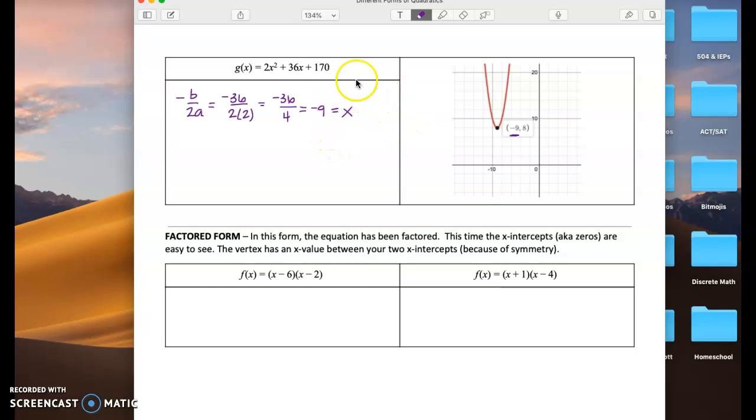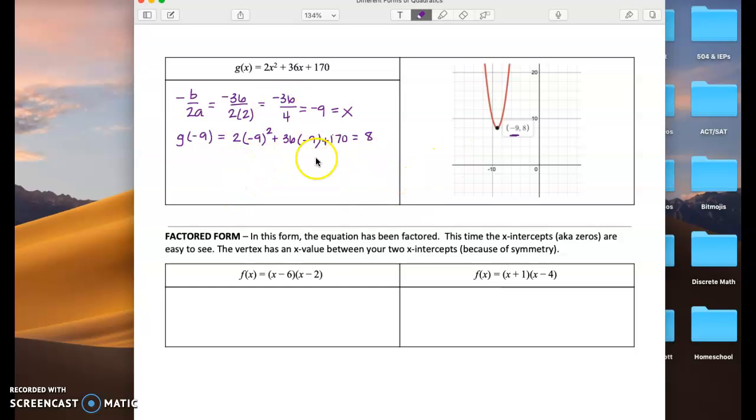To get the 8, you just plug in the -9. And I'm not going to do the algebra, but if you did simplify that, you would get 8.